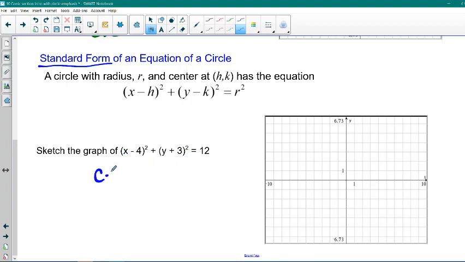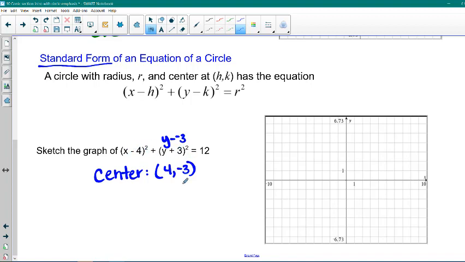So the center of the circle is (4, -3), because that's like y minus negative 3 to be able to get that plus. A way I usually just like to think of it is it's the opposite of what this looks like. It looks like negative 4, 3.